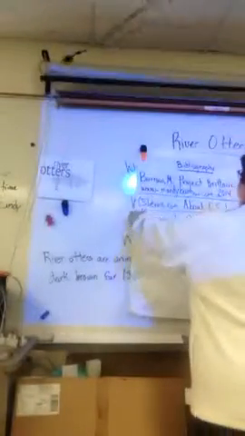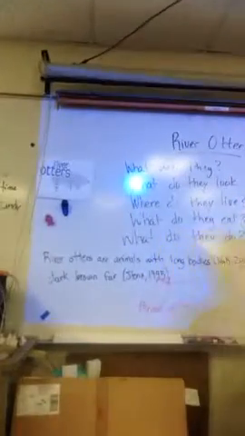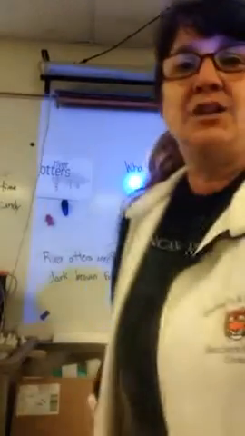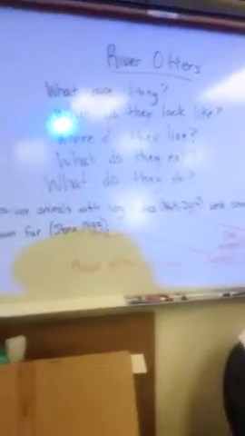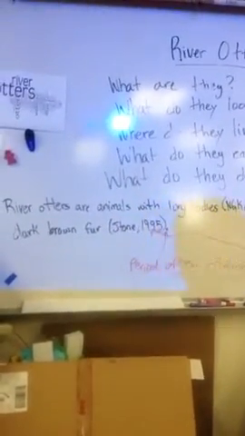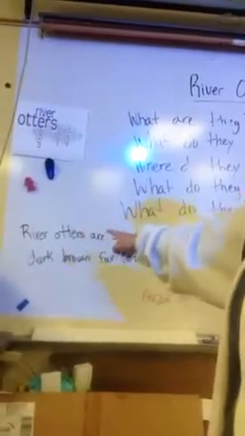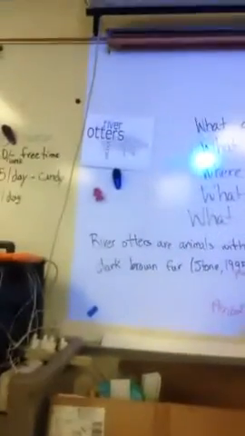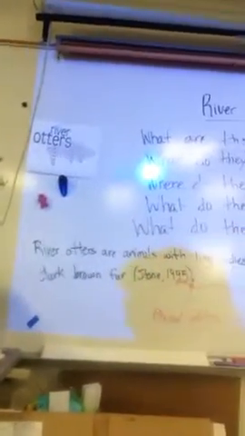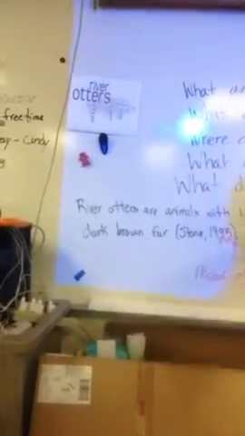Now, I'm going to show you here, and you can use this as your first line if you want to. It'll help you get going. This shows you how you can have 2 sources in one sentence. The sentence says, river otters are animals with long bodies, and then I've got NGK 2014, because that's where I got this information that they have long bodies.